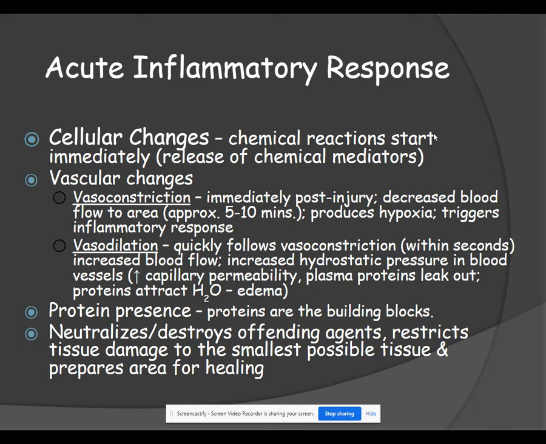Vasodilation happens, caused by the histamines, and this is the increase, the swelling. Now these proteins are brought in as building blocks, and this neutralizes and destroys the offending agents and restricts the tissue damage to the smallest possible area. So you want it to happen. We need this to happen.